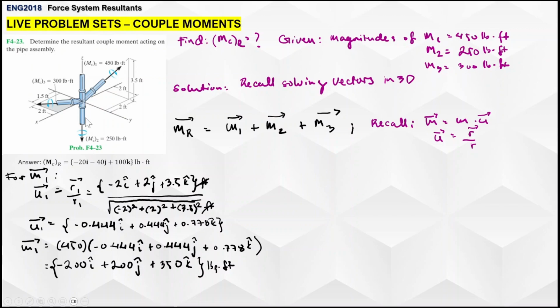For moment 2, it's quite easy. It's already pointing downwards, so technically it's just 250 times negative 1 k. Unit vectors are either 1 or negative 1. Since this is along the z-axis itself, it's literally just negative 1 k. So negative 250 k pound force feet.